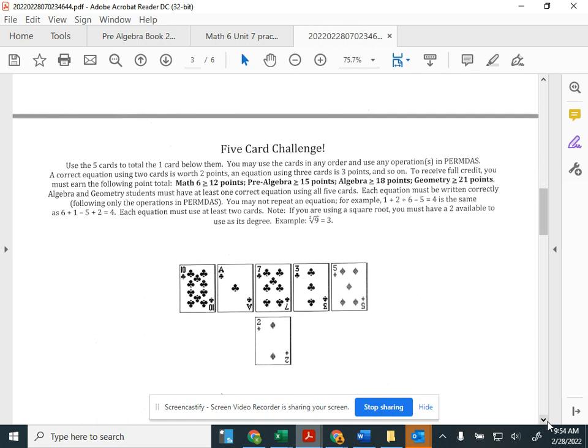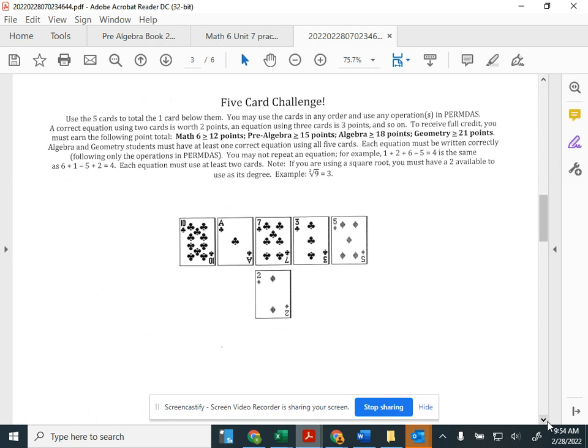Shh. 5-card challenge. Doing your order of operations, trying to equal it to be 2. You cannot repeat your order. Josie and Zoe, I sure hope we're not talking as we're finishing that test. Math 6 needs to make it 12 points.